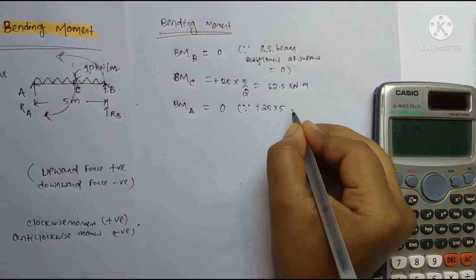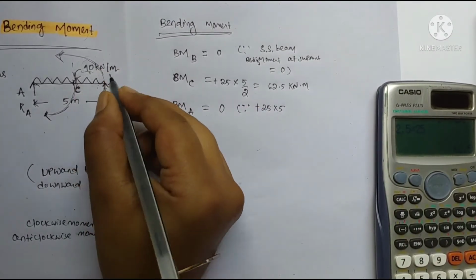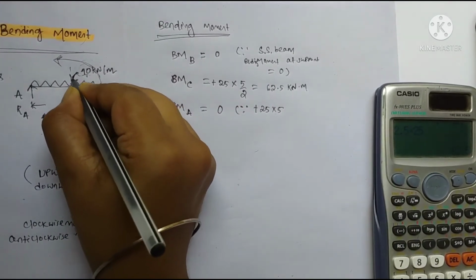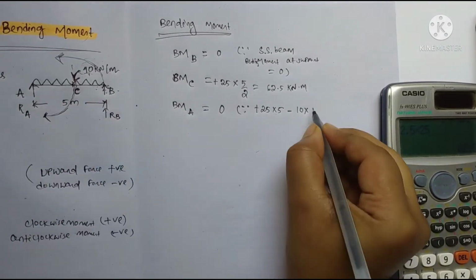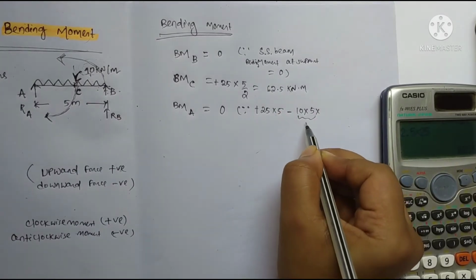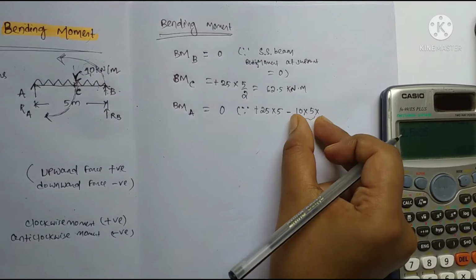Then the 10 kilonewton per meter load is a downward force, so it will be negative. So minus 10 into 5, the load intensity of 10 per meter over a total of 5 meters.